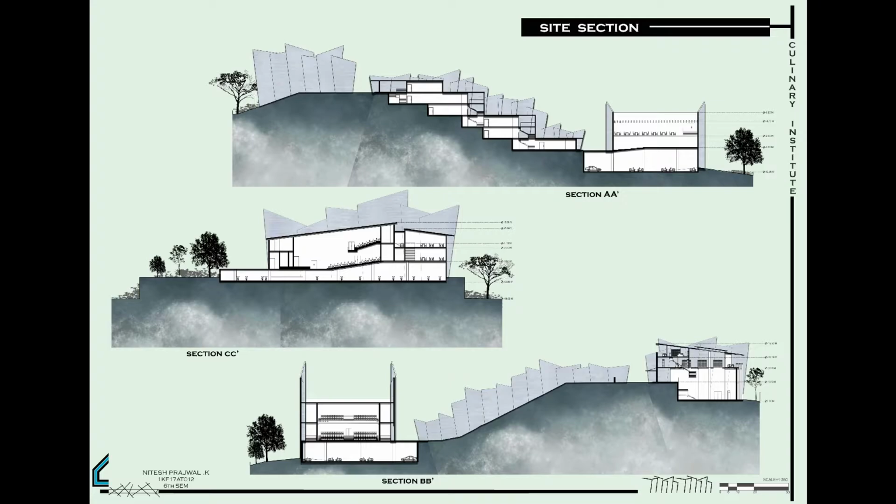Section CC, the section through auditorium and canteen. Here you can see the parking underneath the auditorium and canteen, and the mezzanine flooring in the auditorium acts as a balcony. The balcony and canteen are both interconnected, and there is an entrance through the canteen also.